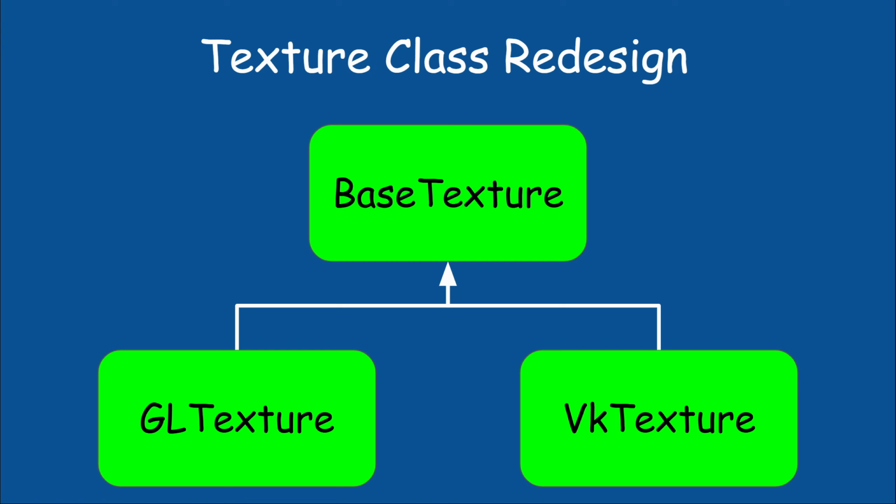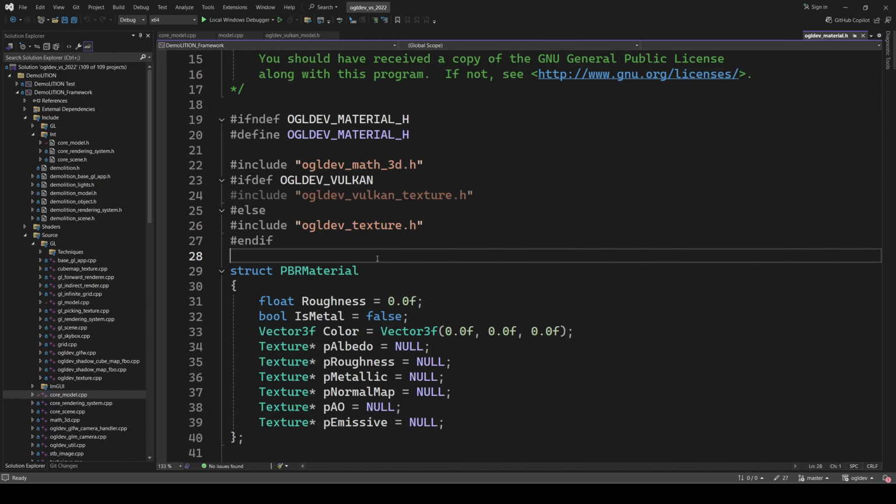This base class should be used in the material class. I may implement this design in the future, but for now I decided to simply include a header file for the texture based on an existing preprocessing macro, which is defined in all my Vulkan projects. If this is an OpenGL project, then the original file is included and everything works the same.